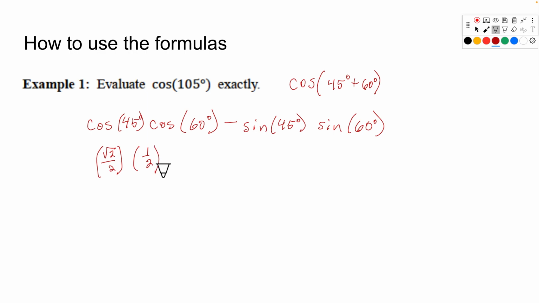These are just coming off the unit circle. If I've got a wrong one, you guys might be better at this than I am because I don't review all of these all the time, but from doing the homework problems, you should probably be picking these up. Sometimes I'm a little off. And then sine of 45 degrees is square root of 2 over 2, and sine of 60, that's the one that's square root of 3 over 2.